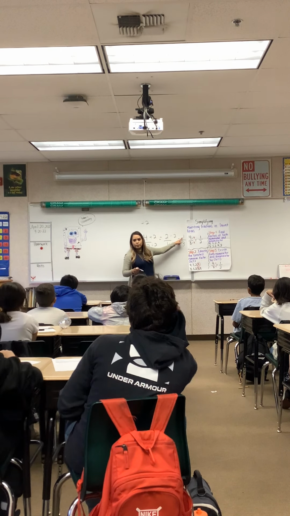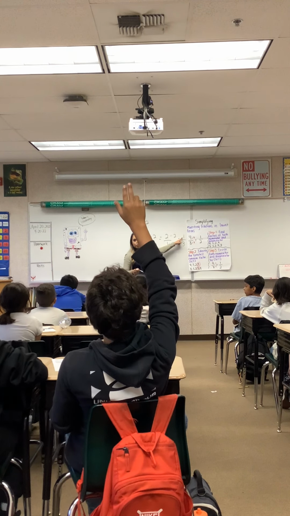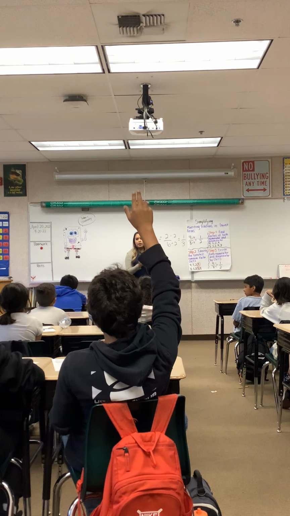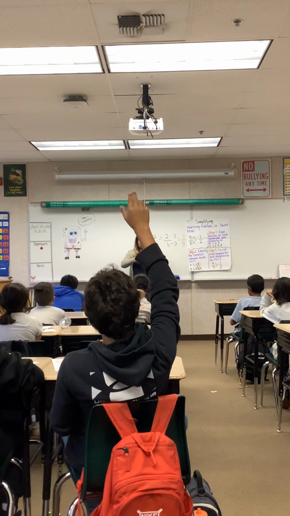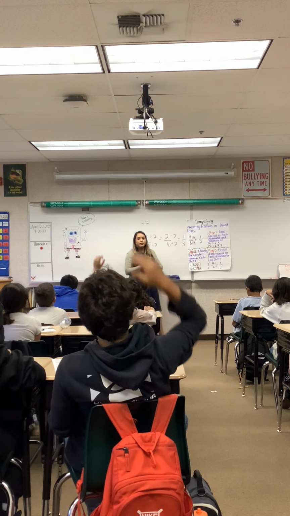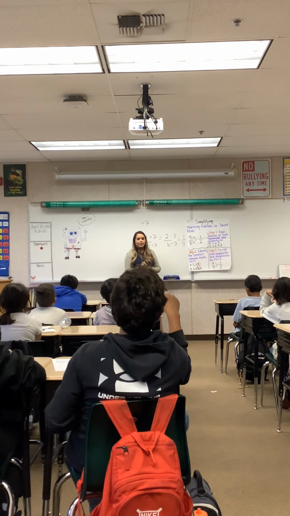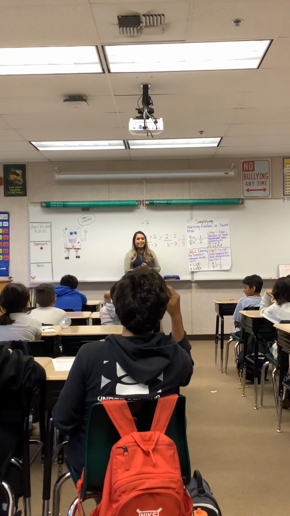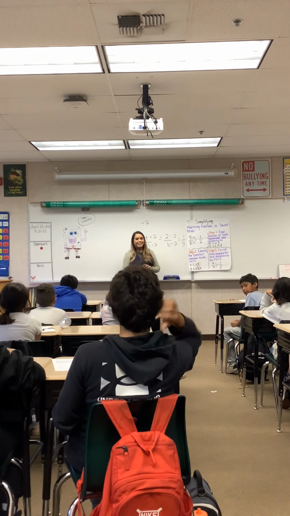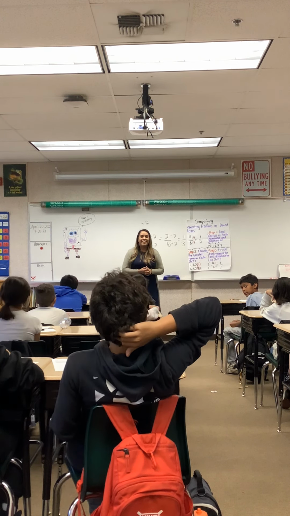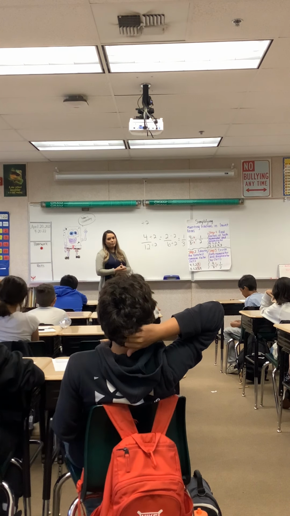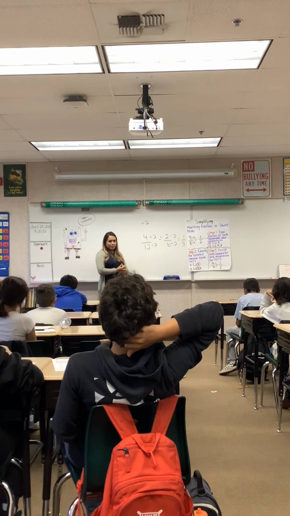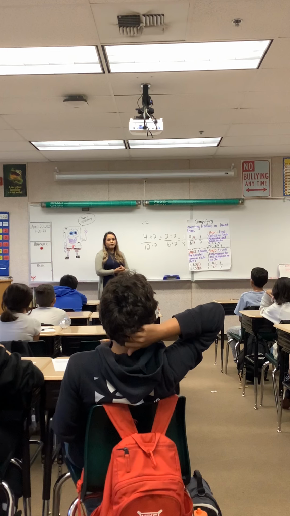You guys know what a prime number is? Damien? What's a prime number? Nolan. Isn't it a number that can only be divided in one way? And that way is what?